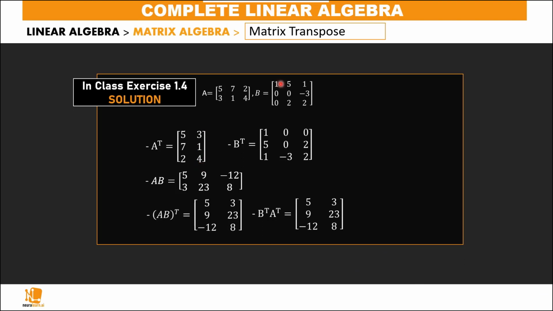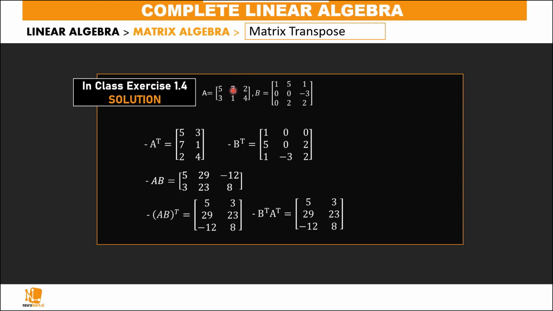For B, the first row of B becomes the first column of B transpose. The second row of B becomes the second column of B transpose. The third row of B becomes the third column of B transpose. Another way of looking at it is the first column of A becomes the first row of A transpose.